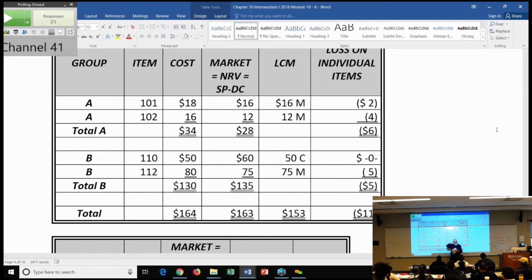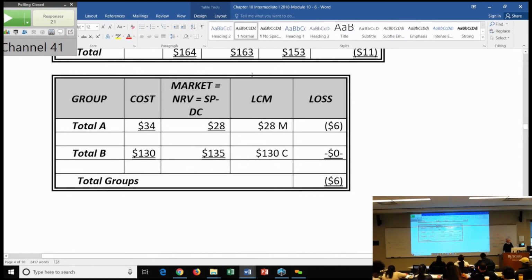Now remember, this is the printer with the cartridges, putting those together. Now for Group B, cost is lower, so there's no write-down. So when I do this by groups, I'm going to write down Group A by 6 and Group B by nothing. So my total loss there is 6. Notice that as you aggregate, the loss is going to get smaller.